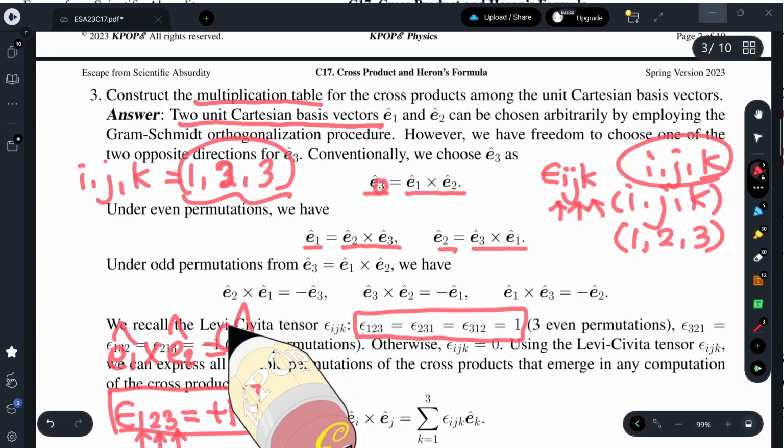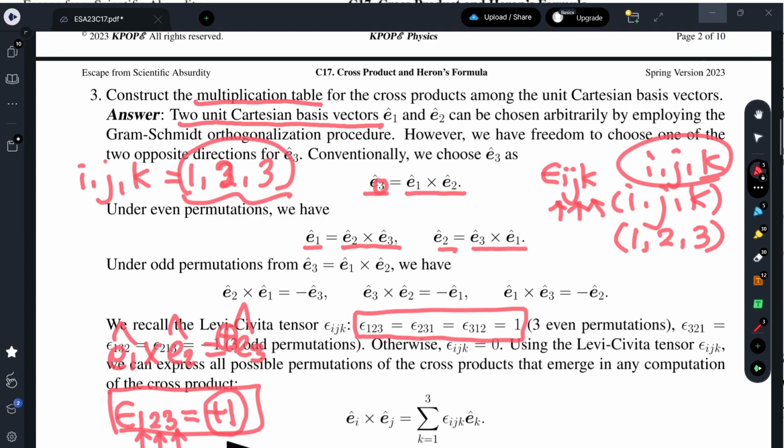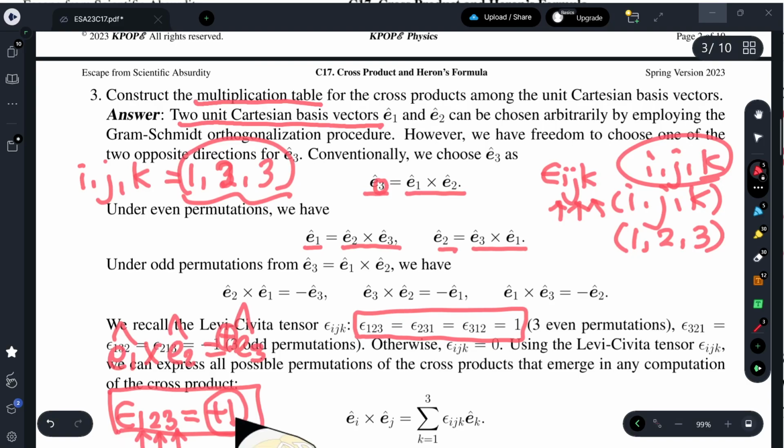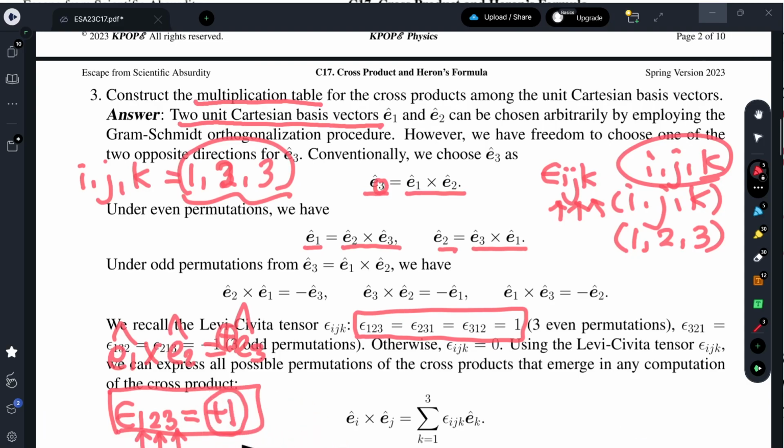And there is no extra sign. It is a positive sign, so it is a given. It's the value of the Levi-Civita tensor for the elementary case. The fundamental value is plus 1.